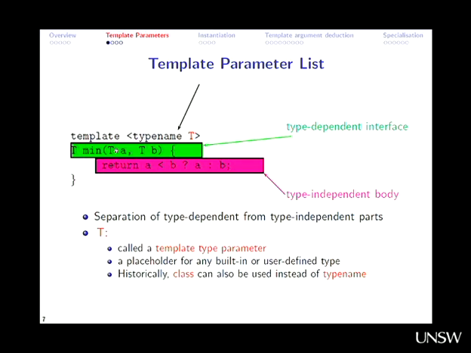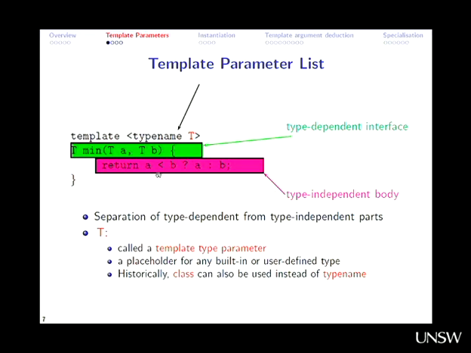And then you pass in the arguments, which again could be the substituted type T, or it could be a T there and an int there or whatever order you needed. If this had type T and type S, maybe this one's T and maybe this one's S. It depends on what you're doing. So the interface is type dependent. The body is type independent.